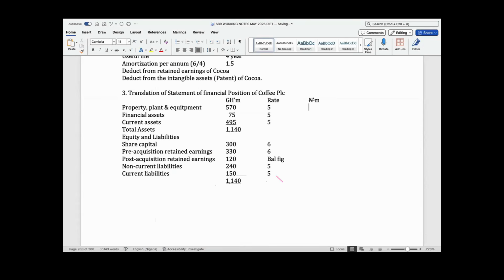Am I dividing or multiplying? Yetunde? You are multiplying. Why? Why am I multiplying?